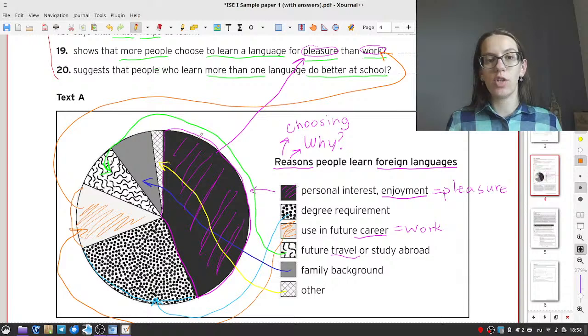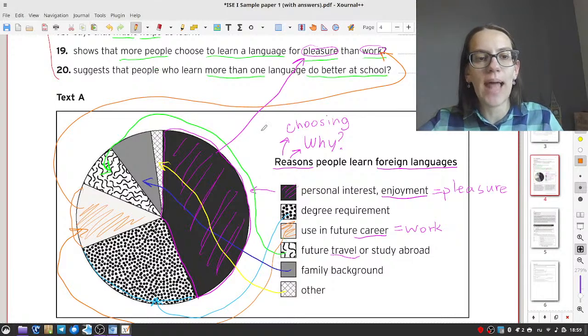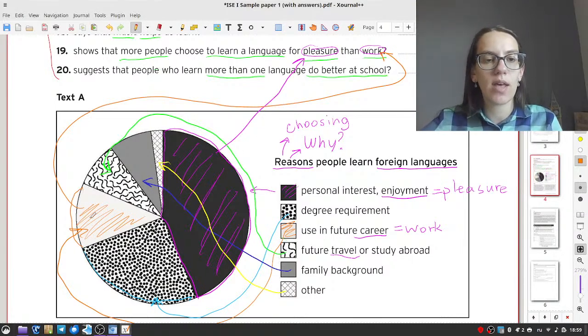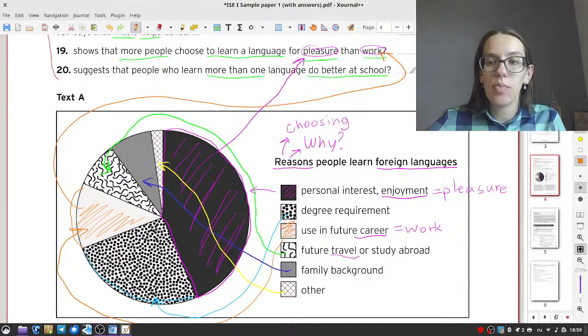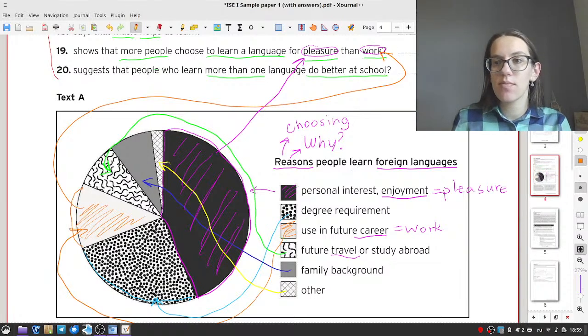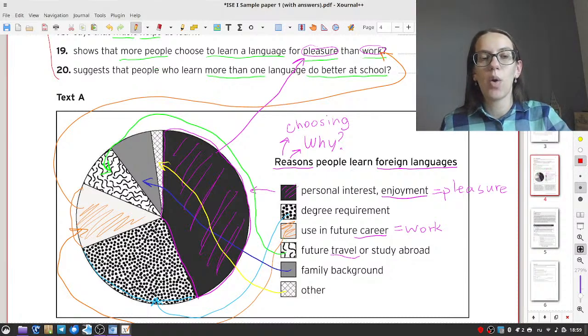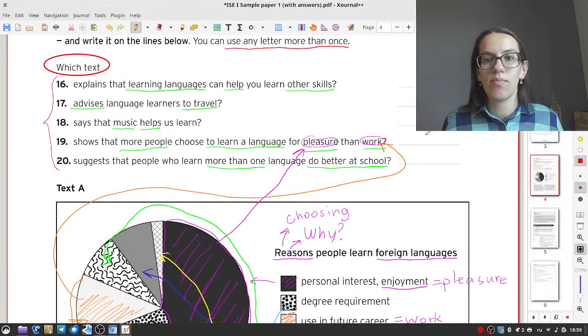Well, yes. If you look at the pink part and the orange part, clearly the pink part is a lot bigger. This pink part that's originally black is a lot bigger than the orange part that's white in the original text. So yes, in fact, we've got our answer here. Text A, this pie chart shows us that more people choose to learn a language for pleasure than for work.